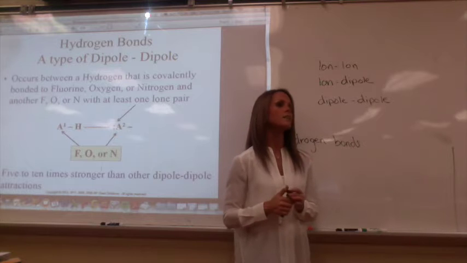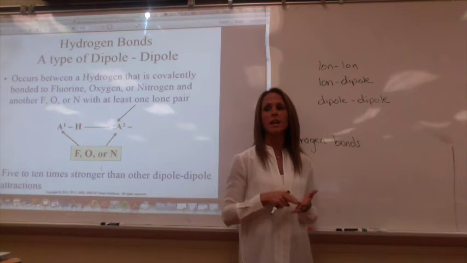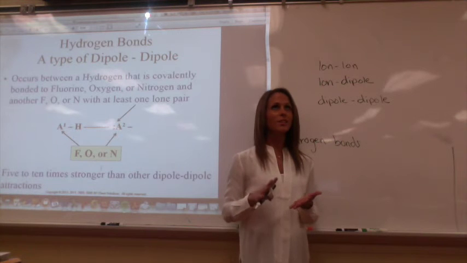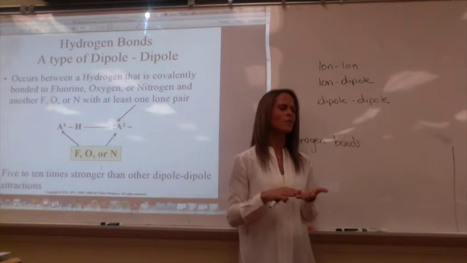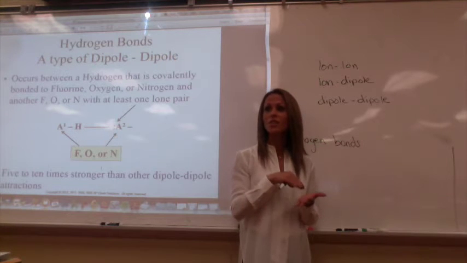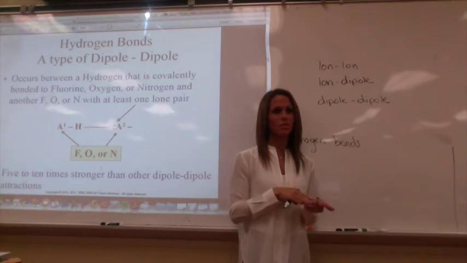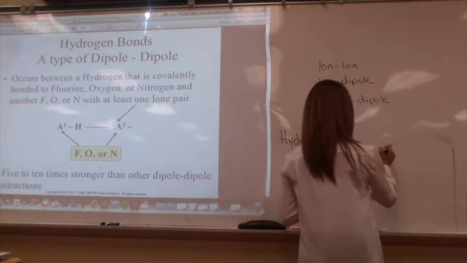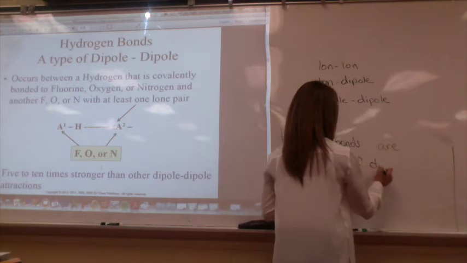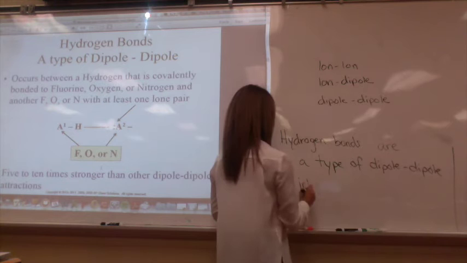So if I ask you to identify the intermolecular force on a specific molecule, and you write it has hydrogen bonds and dipole-dipole interactions, I'm going to mark that off wrong because hydrogen bonds are dipole-dipole interactions. It's just a specific type of them. Do you understand that? So hydrogen bonds are a type of dipole-dipole intermolecular force.